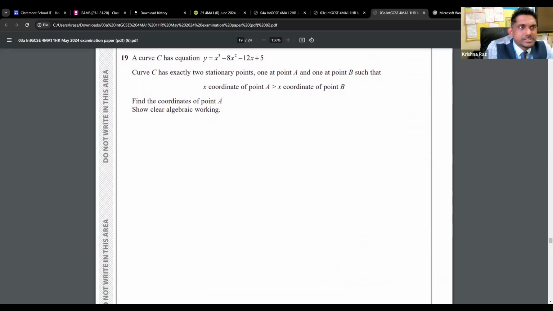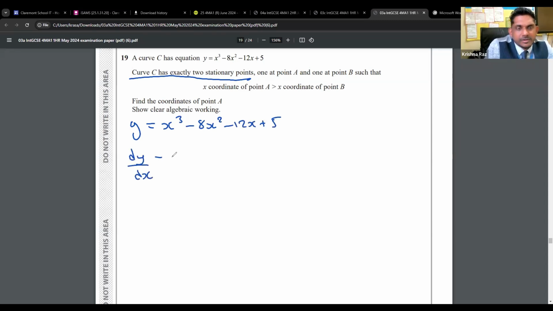Yep. So, as soon as we see stationary points, we're differentiating. If the original function is x cubed minus 8x squared minus 12x plus 5, then when we differentiate, we get 3x squared minus 16x minus 12.